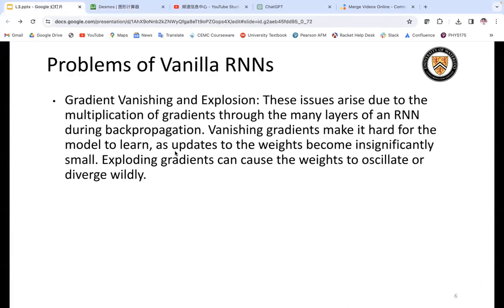This means that when we multiply many numbers that are less than or equal to 1, it will approach 0. Vanishing gradients make it hard for the model to learn because updates to the weights become insignificantly small. Exploding gradients can cause the weights to oscillate or diverge wildly, so it's a less serious problem than gradient vanishing.